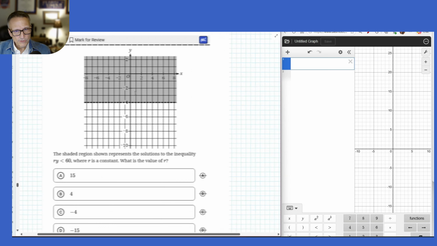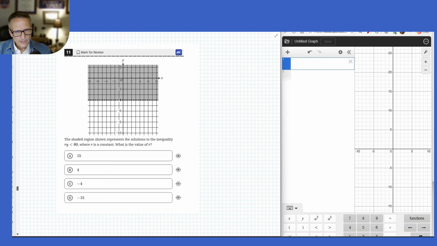I've had several students miss this. This says that the shaded region shown represents the solutions to the inequality r times y is less than 60. Now, here's what I coach my students to do in a situation like this.